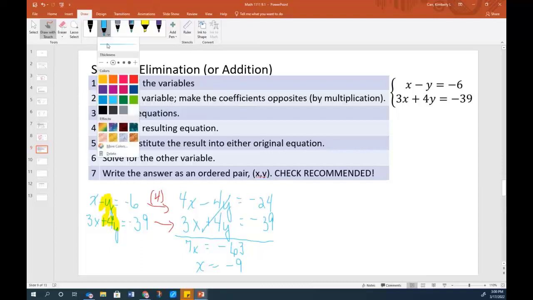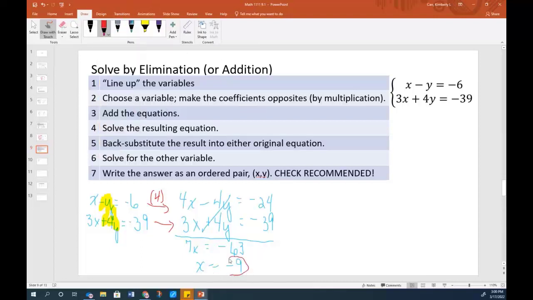All right. Now the rest of it really is like the previous problem. Once you have that very first variable, you take it back and back substitute, and you can put it in either one of these equations. So you're just going to put it in the equation where you think it looks the easiest to work. So I'm going to take it to that top equation because I've got fewer numbers to deal with, but I'm going to write it down here.